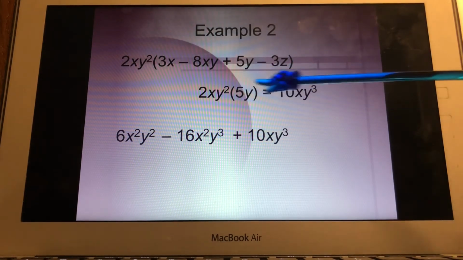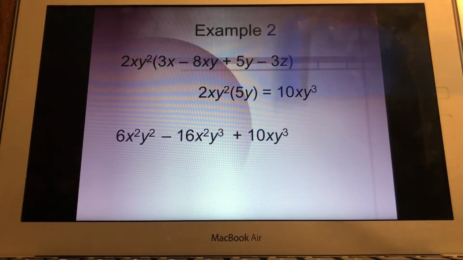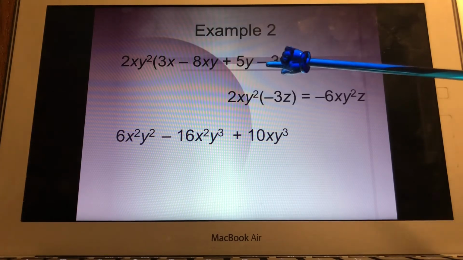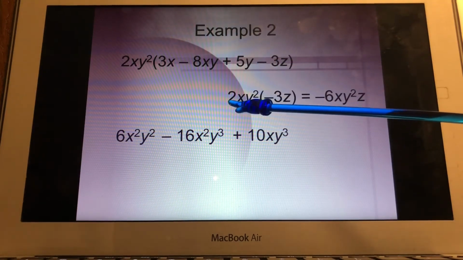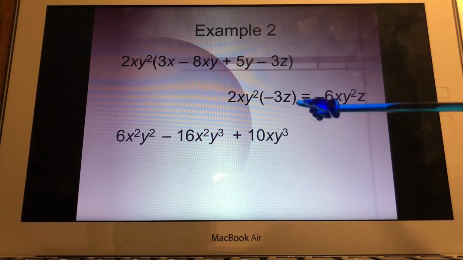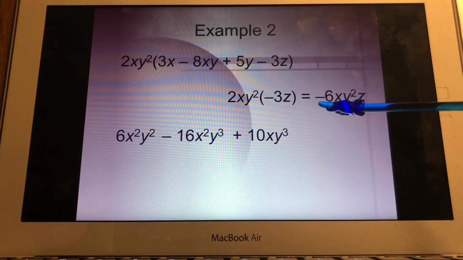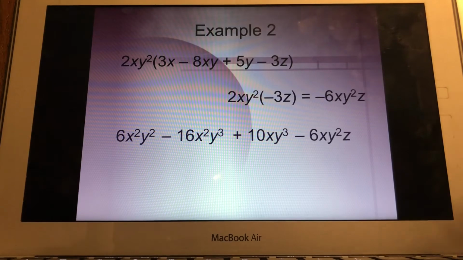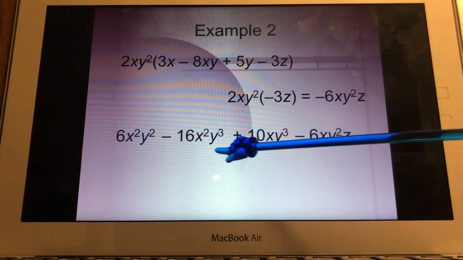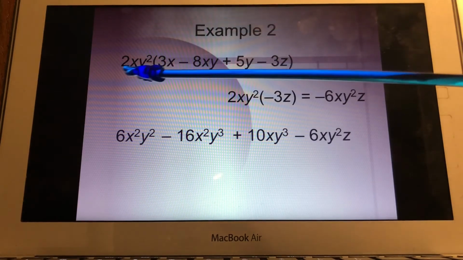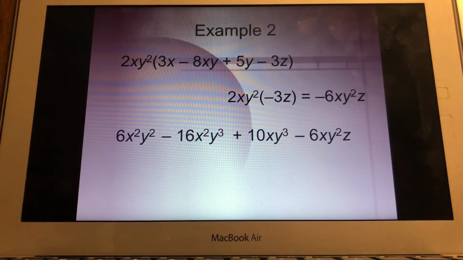Then this term is going to go down here. And then the last portion to multiply now, 2xy squared times negative 3z. And then that's going to give me negative 6xy squared z. And then I'm going to transfer that down here, the last term, and then here is my final equation to simplify this multiplication in the polynomial.